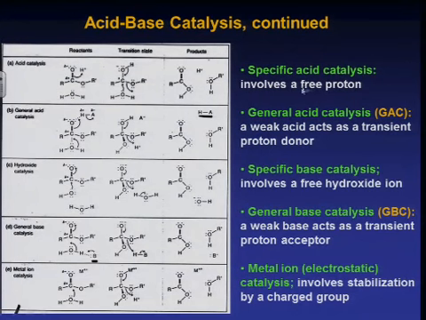Specific acid catalysis, bless you, involves a free proton. So in this case, this free proton that's added here is stabilizing that negative charge and making that carbon more susceptible to nucleophilic attack. So that transition state is being stabilized by a free proton, which would be pH. We'll get back to that.